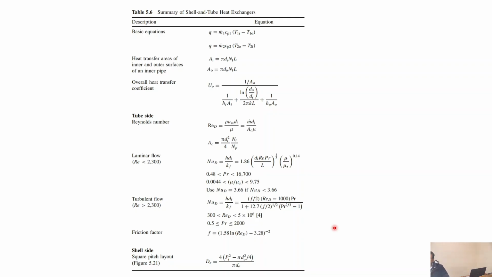Once you got Reynolds number, you get Nusselt number. From Nusselt number, you get heat transfer coefficient. You do that for the shell side, you do that for the tube side, you combine them, you get U. That's the way we're going to go. But of course, we cannot complete this discussion today. So we will complete this discussion on Friday.